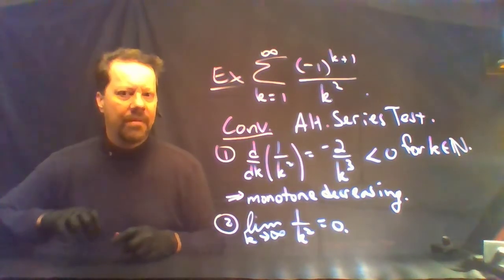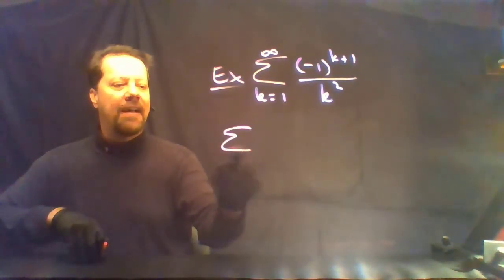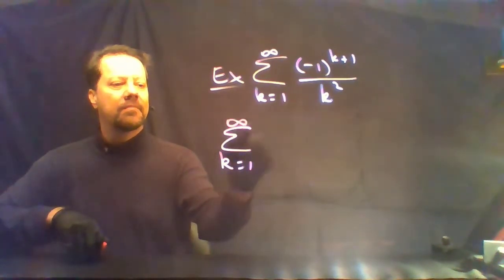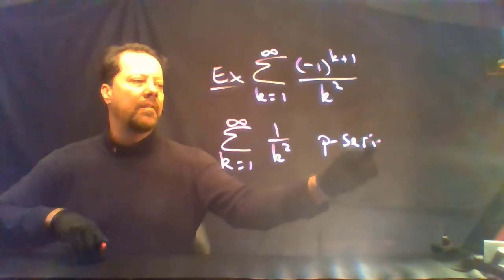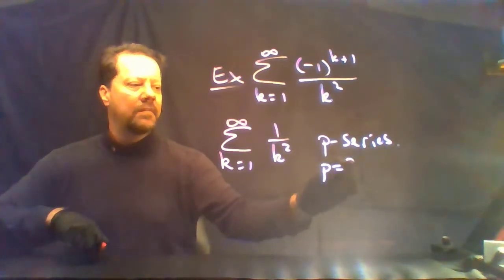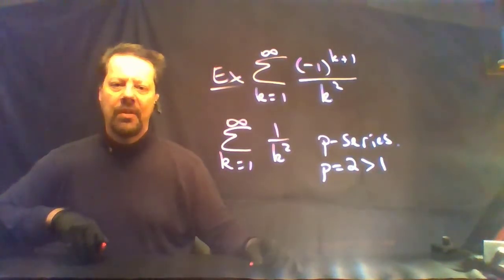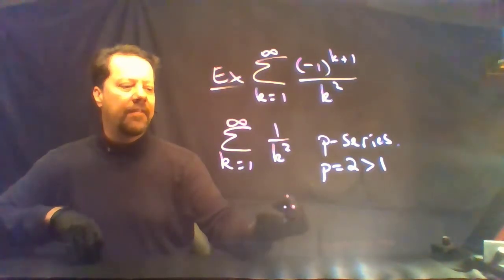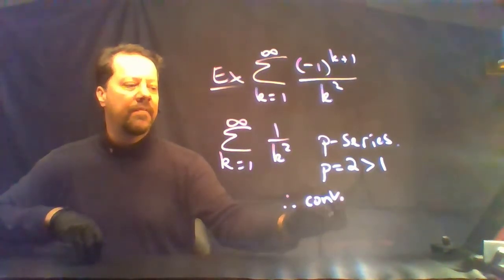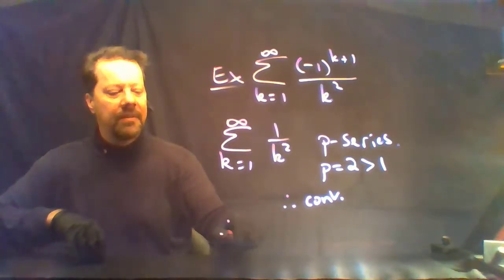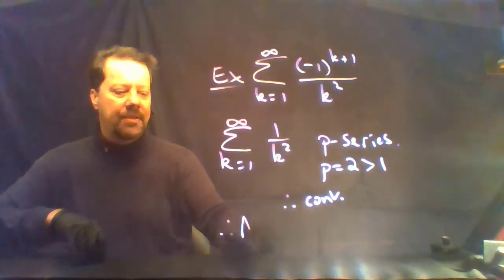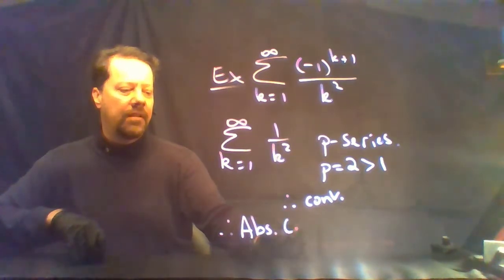But it does more. In absolute value, we get a p-series. P is 2, and that is strictly greater than 1, and therefore this converges. If the series converges in absolute value, then it is absolutely convergent.